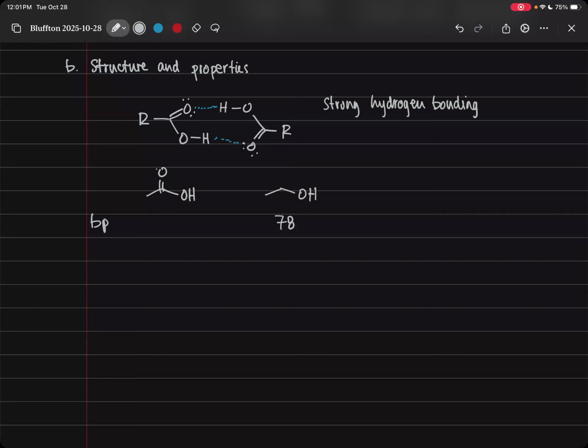So we've got an extra oxygen here that can participate in hydrogen bonding, and so that's going to increase the intermolecular forces, IMF. And so that means that acetic acid is going to have a higher boiling point, and it does. It's about 118.